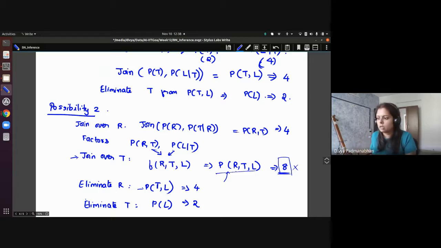You'd have to sum up two entries at each time, and you had to do that 4 times. So if there is any table which is very large, some other operations can get expensive. Ultimately you want to avoid a scenario where you have a very large table.